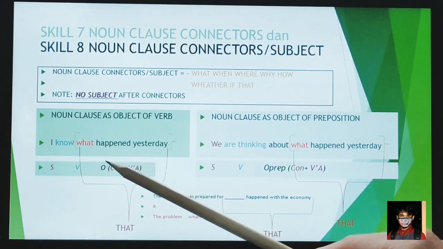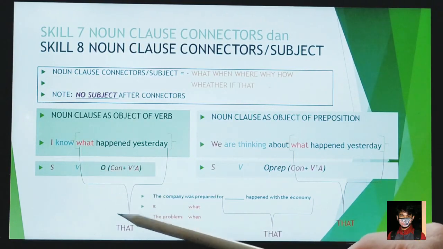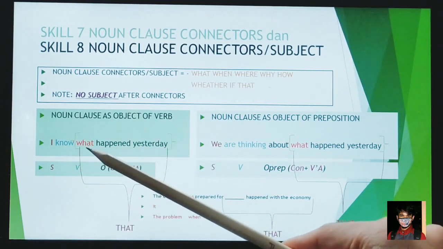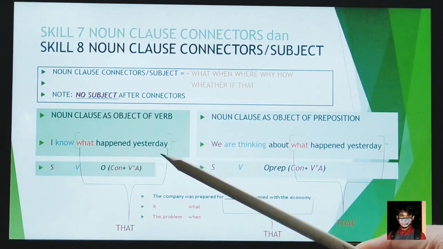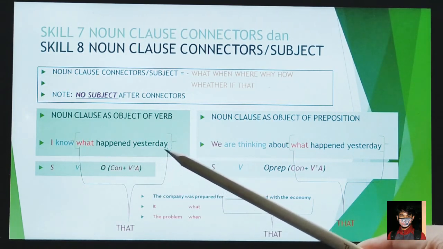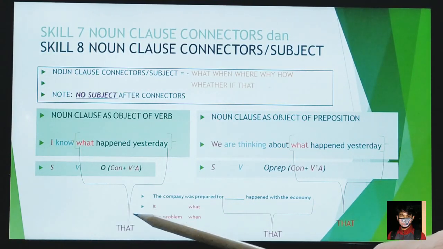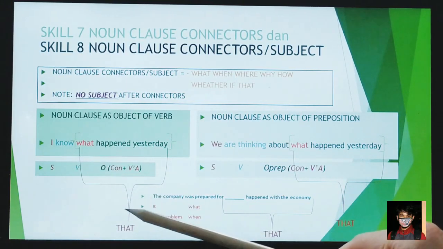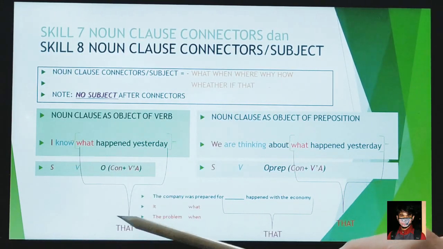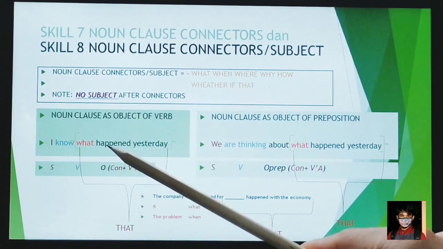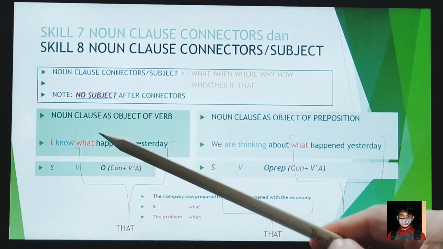The long one here, what happened yesterday, we could substitute with that. To make it simple: I know that. So in that there is what happened yesterday.